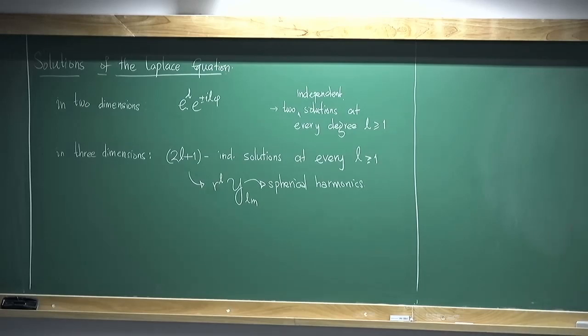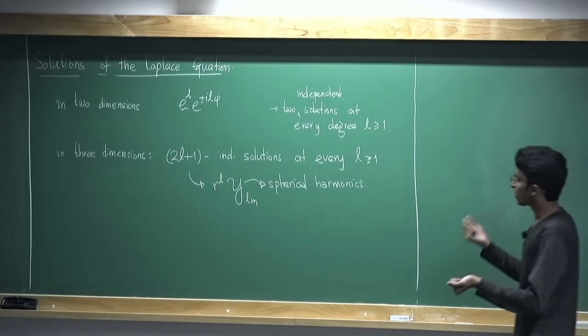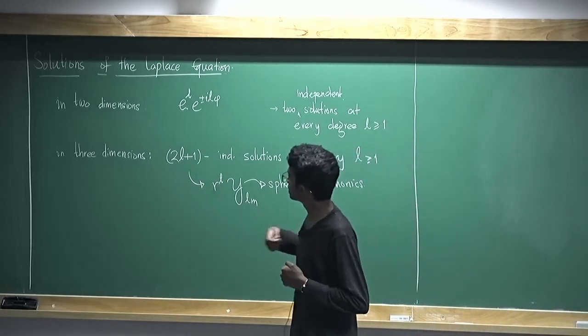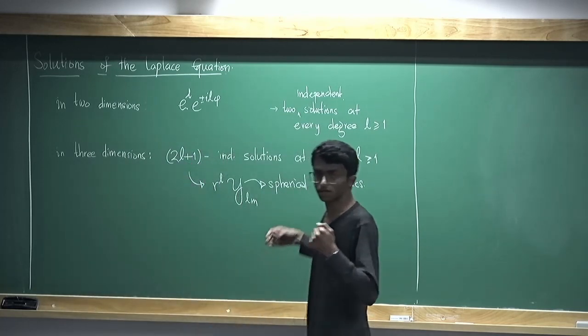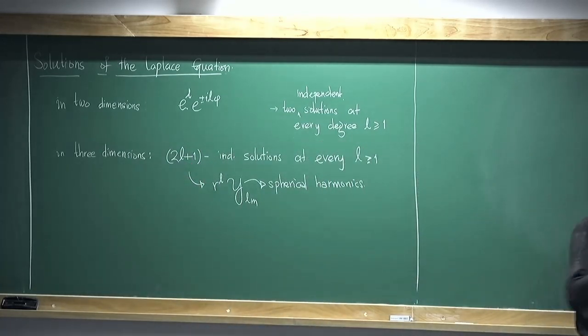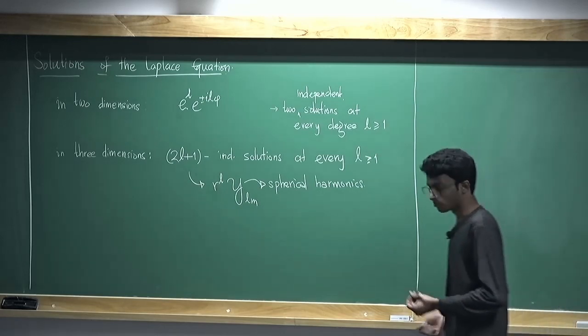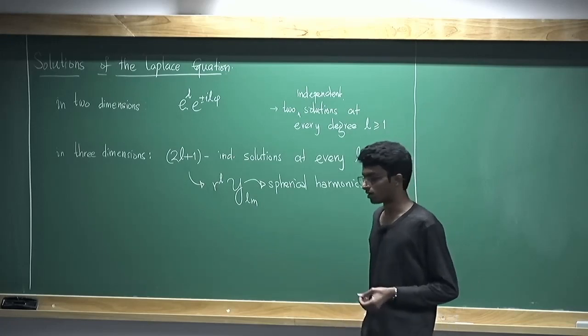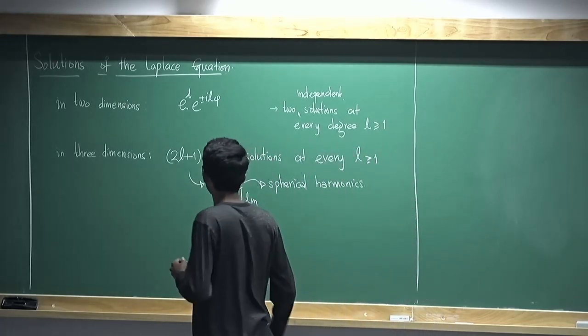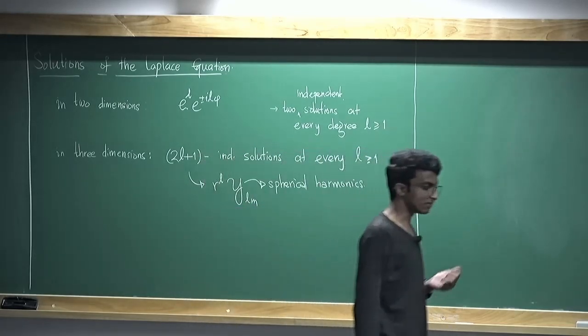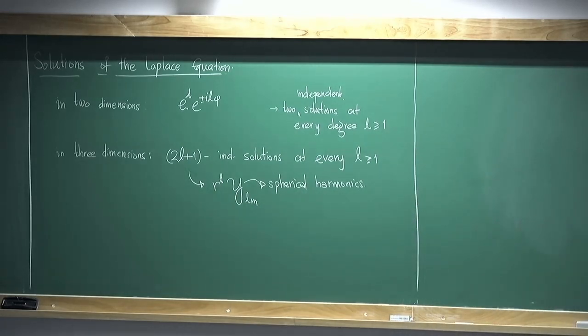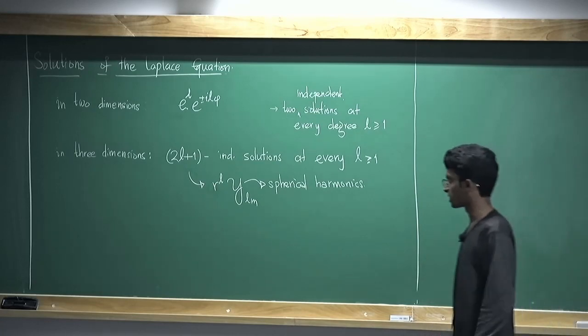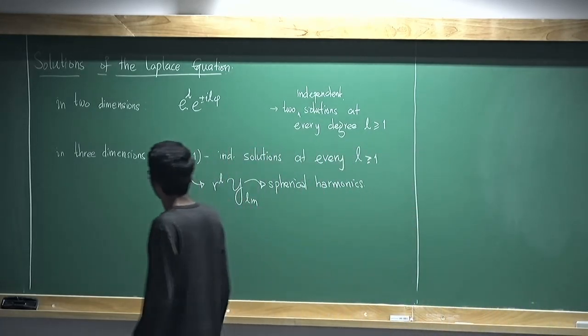One can actually do this in a far more general way. You can write down the spherical harmonics in an arbitrary number of dimensions, and there is a very systematic way of studying them, and many things about them become natural in this far more systematic way. But we will take a more pragmatic approach, and we'll only be interested in the 3-dimensional spherical harmonics, the spherical harmonics on the 2-sphere, S2.